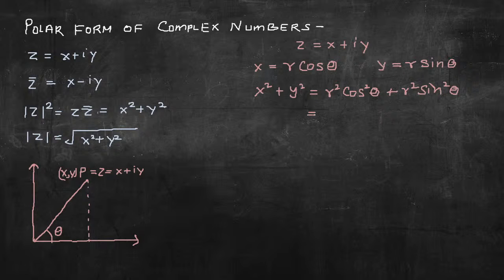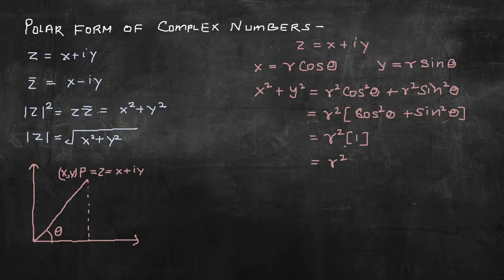Here r square is common, and it becomes cos square theta plus sin square theta. If someone has a good hand in trigonometry, they can easily understand that sin square theta plus cos square theta is equal to 1. So it becomes r square times 1, which equals r square.